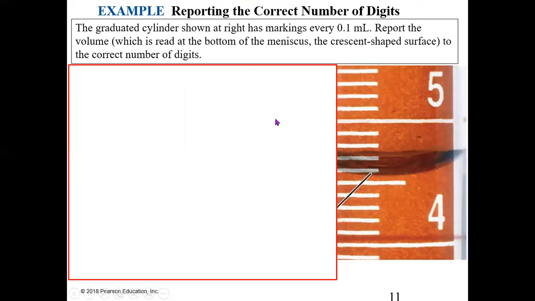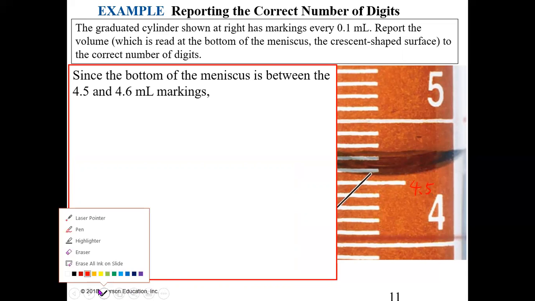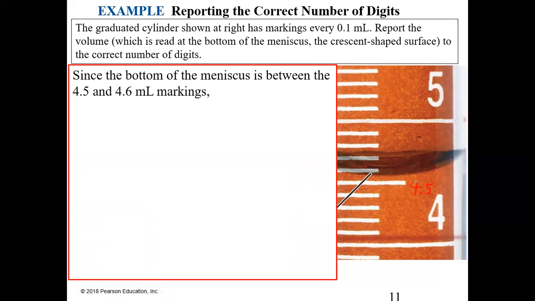Similar for this graduated cylinder, which has a marking every 0.1 milliliter. Reporting the volume for this liquid, you want to estimate between the markings. This marking here is 4.5, and this marking here is 4.6.